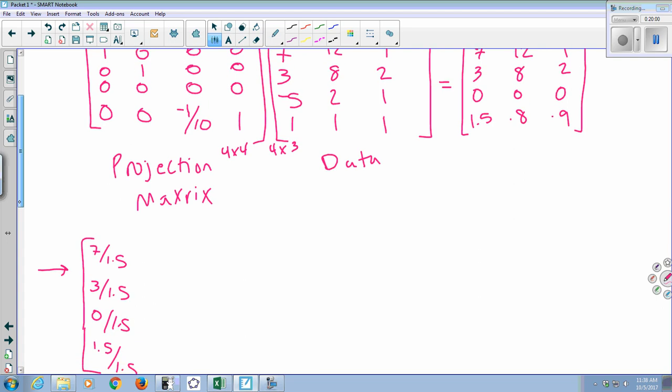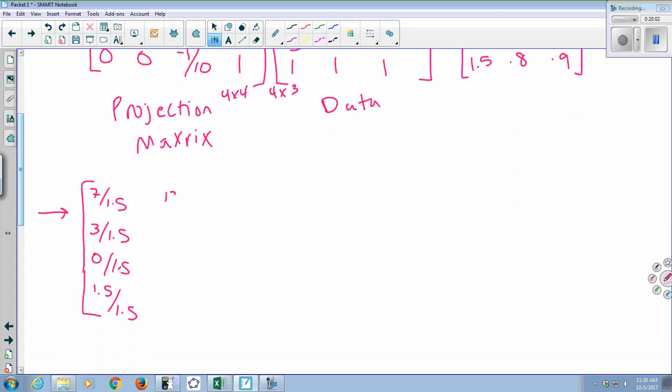And 12 over 0.8, 8 over 0.8, 2 over 0.8, 0.8 over 0.8, and then 10 over 9, 20 over 9, 0 over 9.